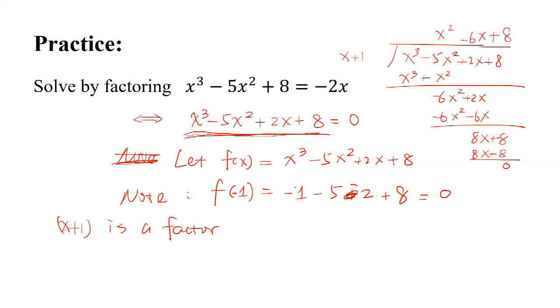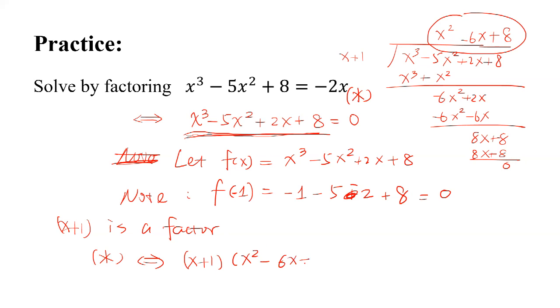Okay, so as you can see here, the other factor is x squared minus 6x plus 8, right? Okay, so let's call this asterisk. The equation asterisk is equivalent to x plus 1 times x squared minus 6x plus 8 equals 0, right?